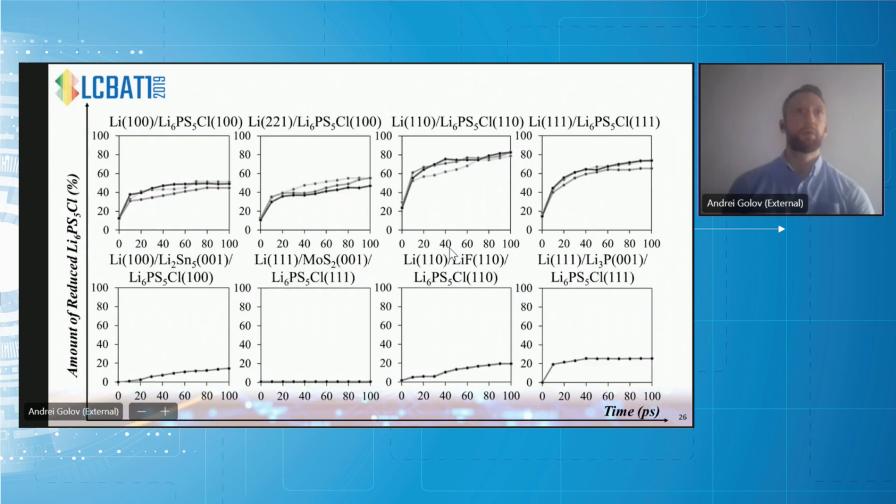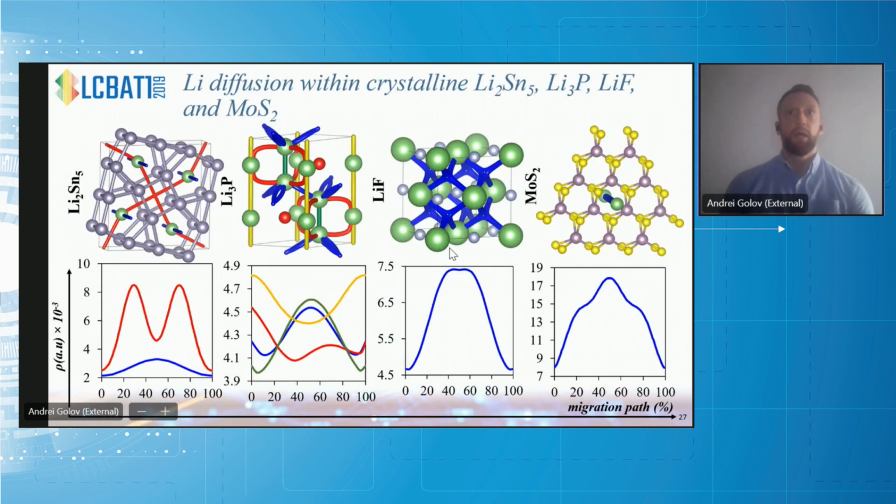Comparing the reaction tree and the amount of the reduced electrolyte for all these models, we can conclude that the coating significantly decreased the electrolyte degradation. For all of these coatings, we have quite a high migration barrier, except for lithium tin alloy, which has a quite low migration barrier along [100] directions.